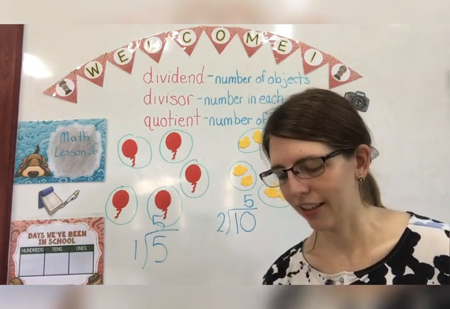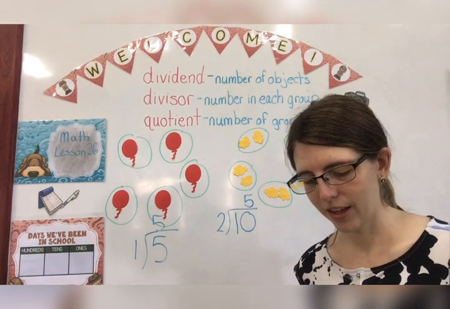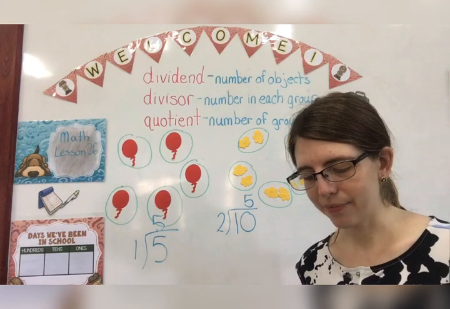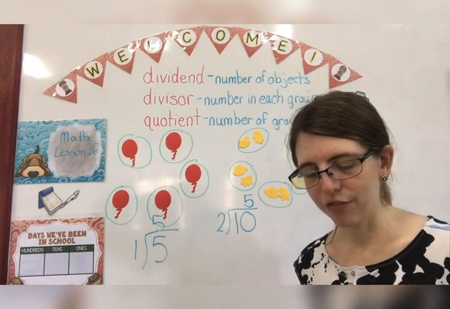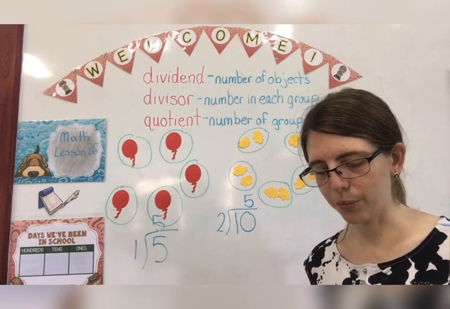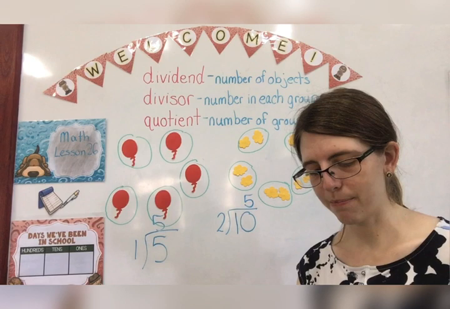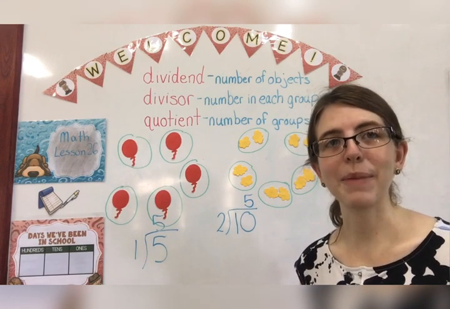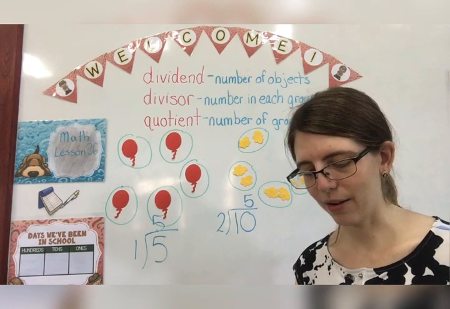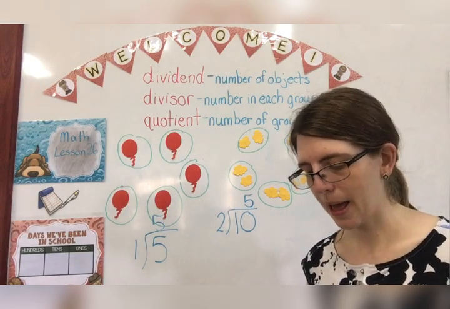Okay, let's do that again. Let's do it for letter C. Okay, letter C says 14 divided by 2. So you need to count the 14 mice to see how many groups of 2 that gives you. So count by 2s up to 14 mice.